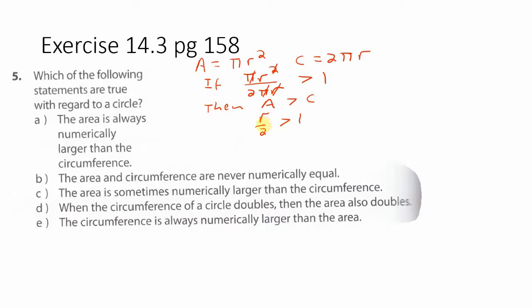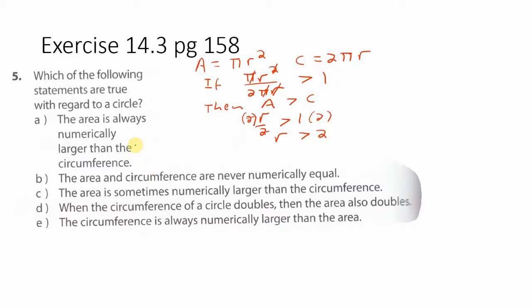So now we are simply interested in r, so we can multiply the left and the right by 2, so that we can cancel the 2. So we say as soon as the radius is greater than 2, then the area will in fact be bigger than the circumference.